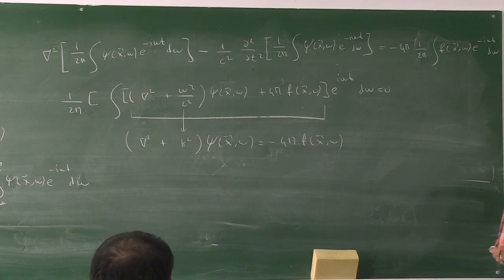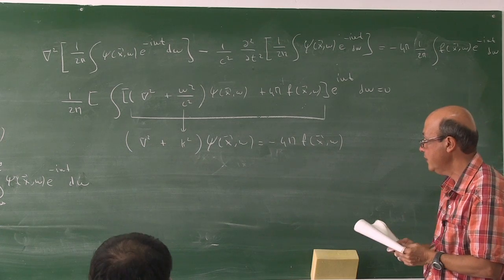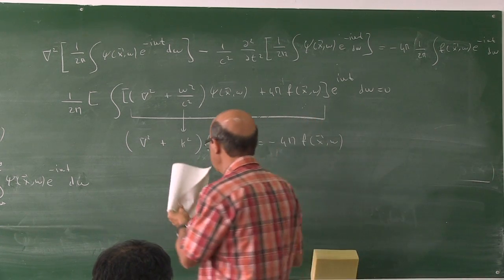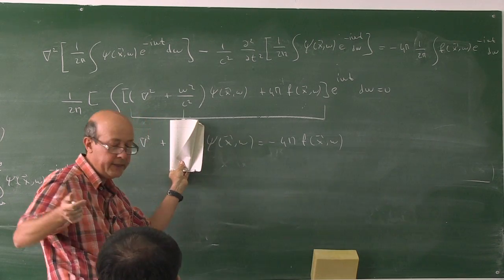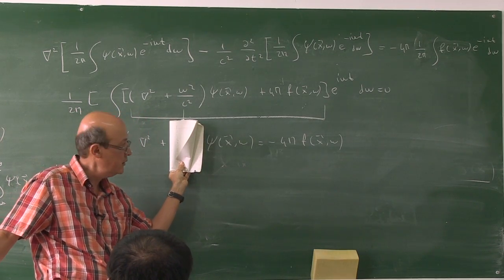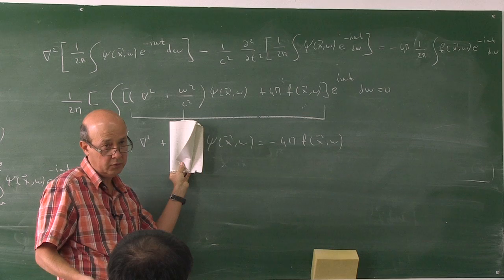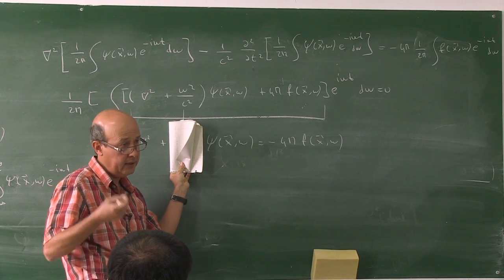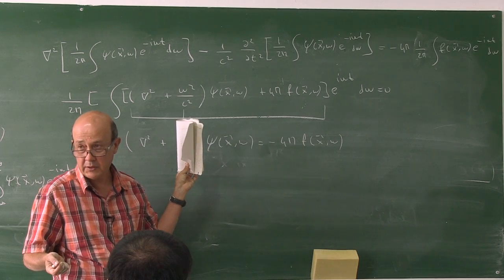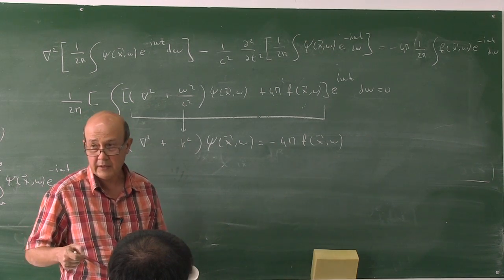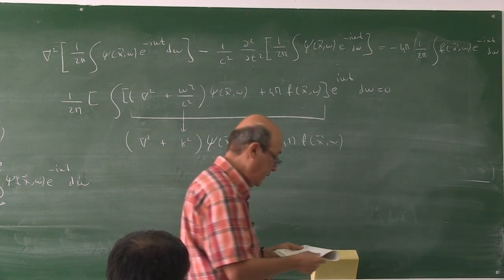So how was the idea for solving this equation? You studied the case of k equal to 0, that was the Poisson equation. You put a source as a delta function and you try to find the solution. And you say that the solution should be the Green's function if you put the right hand side as a delta function. So we will do the same thing here.